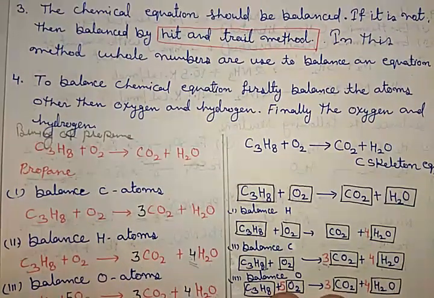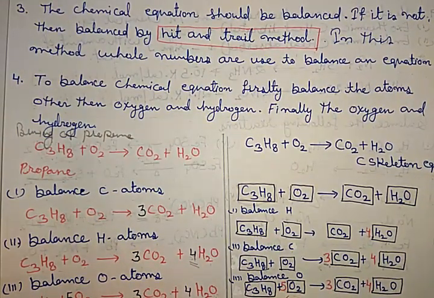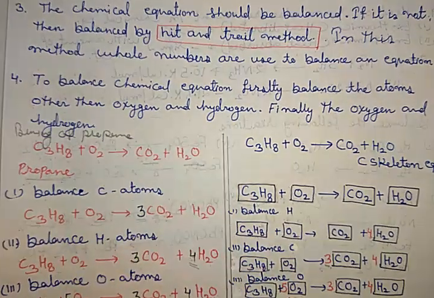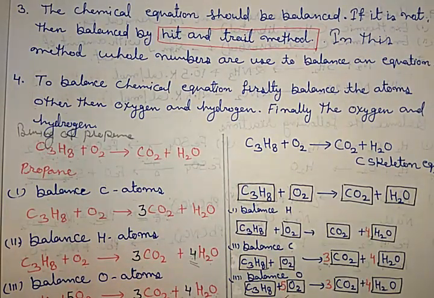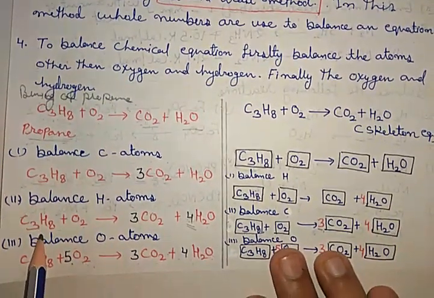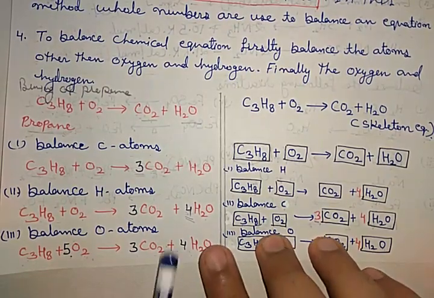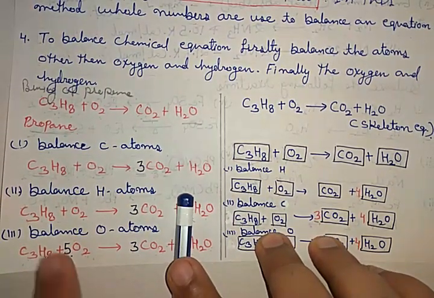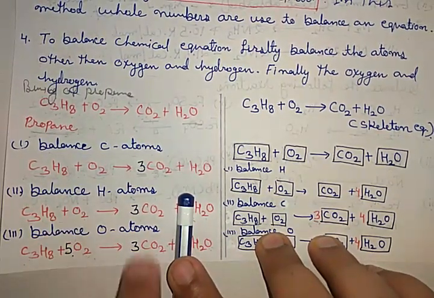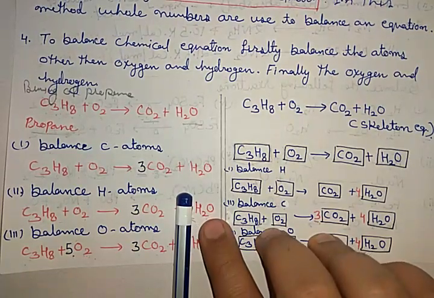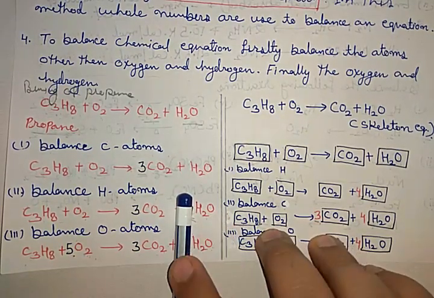Okay. After balancing the carbon, move to the next one. There is carbon, hydrogen and oxygen, so the remaining are hydrogen and oxygen. We can choose any one of them. Now let me start with hydrogen. Here the hydrogen atoms are 8, and here in H2O it is 2.